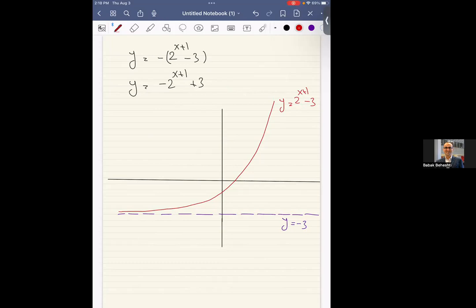Now, once you multiply it by a negative sign, you have to do a reflection around the x-axis. This is the y-axis, x-axis. A reflection around the x-axis. I use another color, like blue. So I want to do a reflection around the x-axis. So it goes like this.